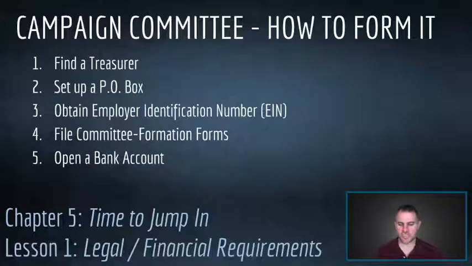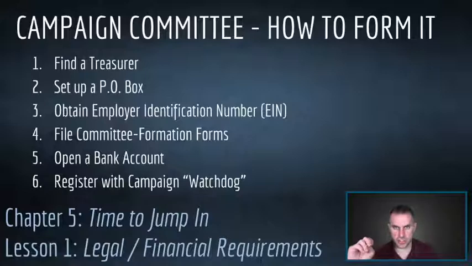And then 6, register with any kind of campaign watchdog that's out there. So in Sacramento County, you go to the Sacramento County Board of Elections and get any kind of guides that you need to. And then you would find a treasurer. So, okay, I have my best friend, Carol, and Carol has decided to be my treasurer. Great, thanks, Carol.